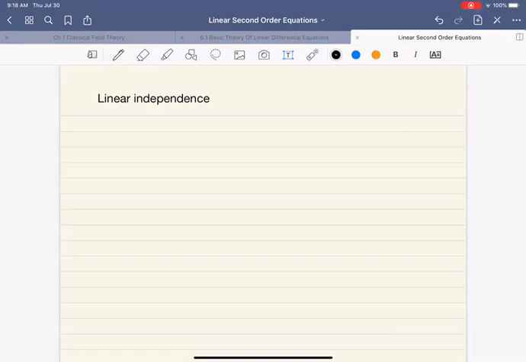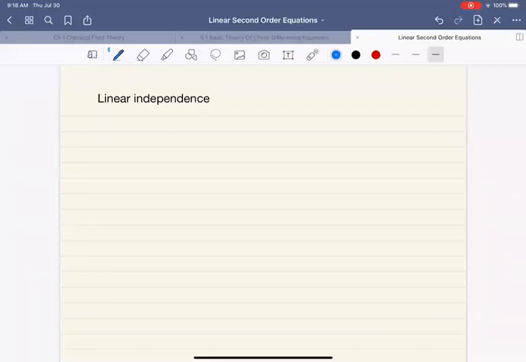Okay. I've been making a lot of statements that sort of hinge around this idea of what's called linear independence. So let's talk about it first in terms of just normal vectors that we know.